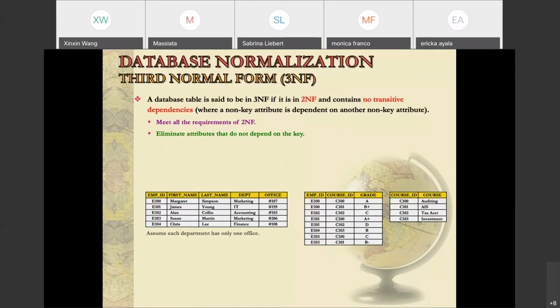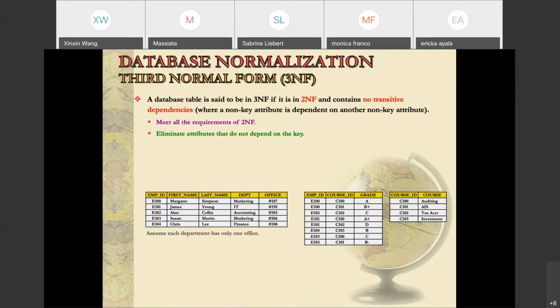The third normal form: a database table is said to be in 3NF if it's in second NF and contains no transitive dependency.